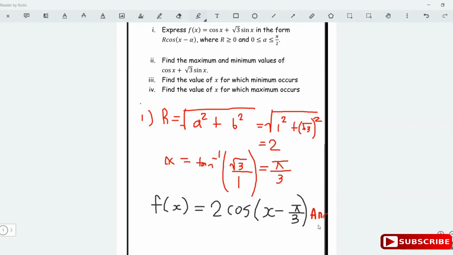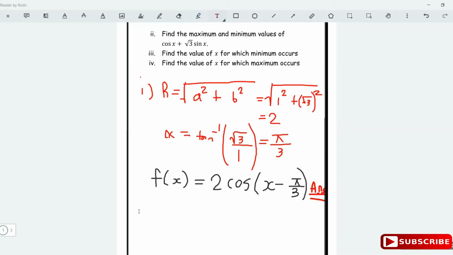The next part says to find the maximum and the minimum value of cos x plus root 3 sine x. In other words, find the maximum value of f of x. Always remember the maximum value is r. So this is part 2. The maximum value of f of x is equal to r, and r was 2.